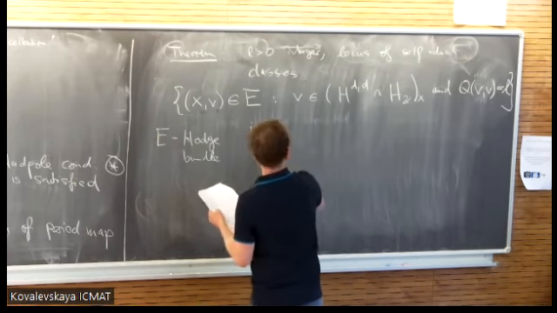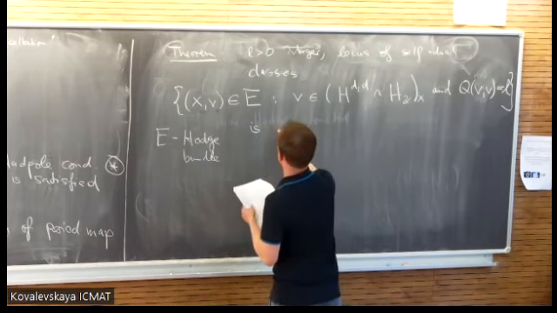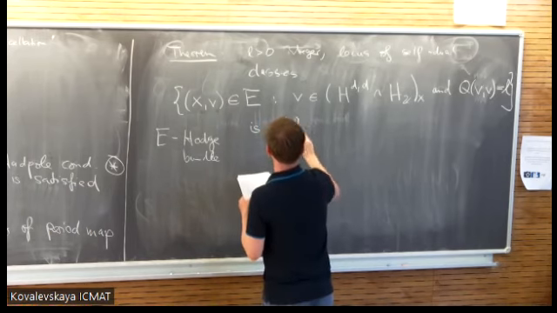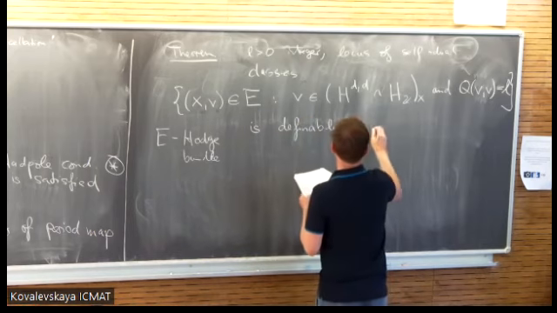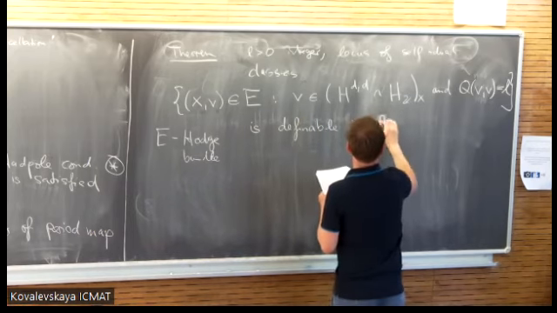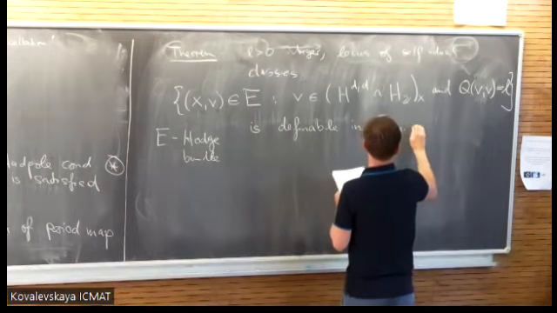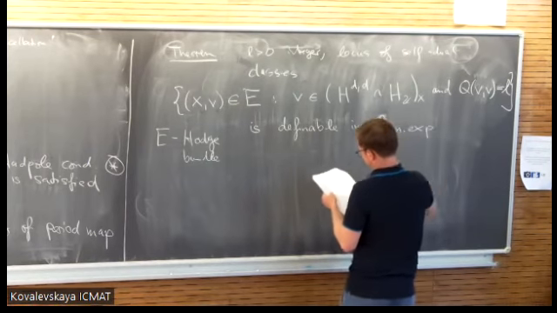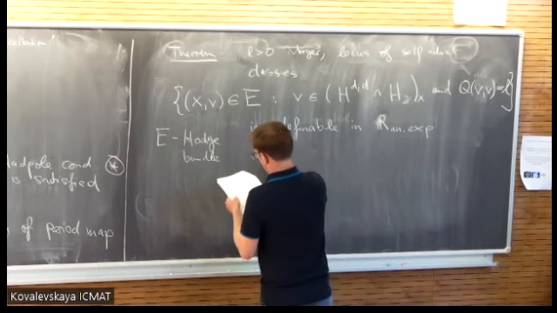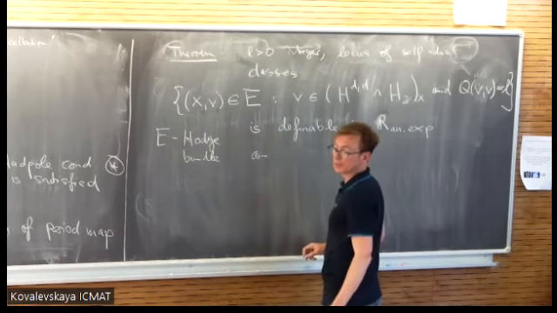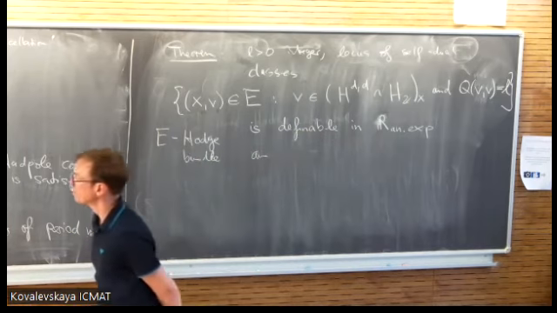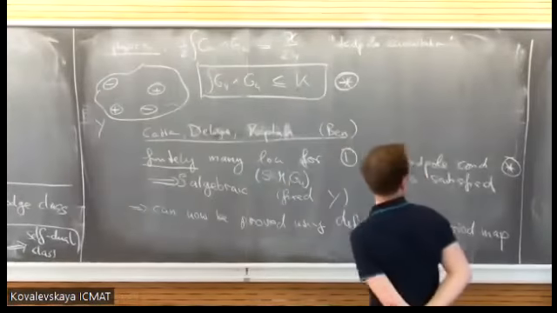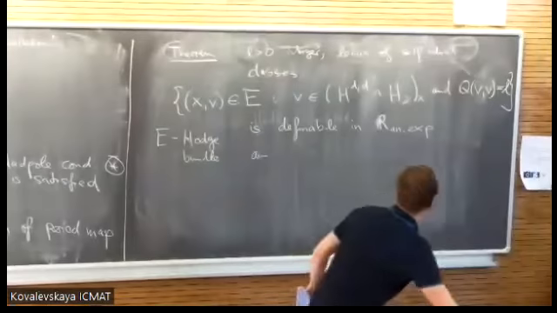is, sorry, there's a mistake in my notes, is definable in R. But self-dual was in H^{2,2} and H^{4,0}. And here you are putting H^{2,2} only. So yeah, you're right.